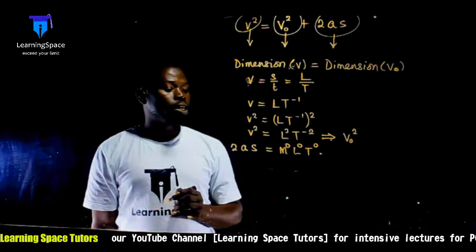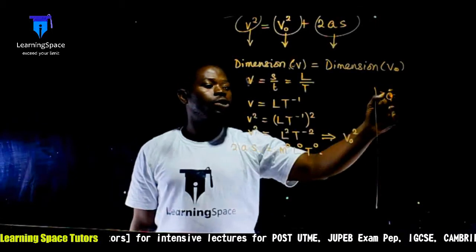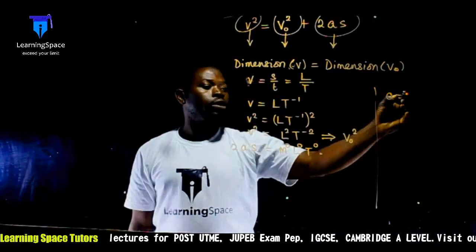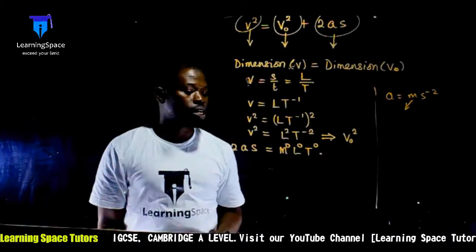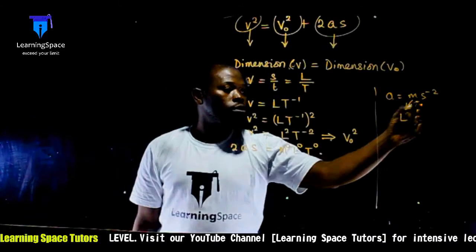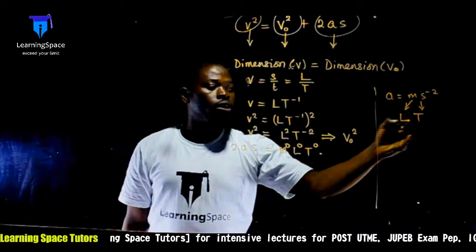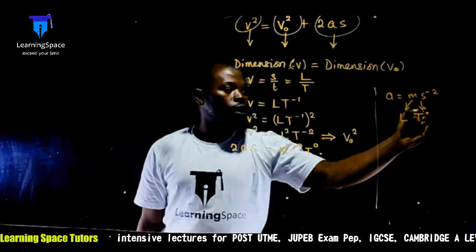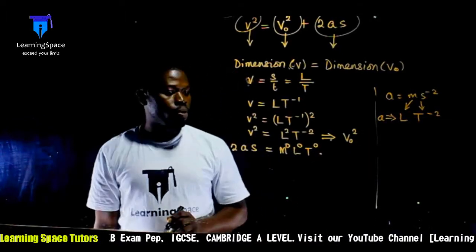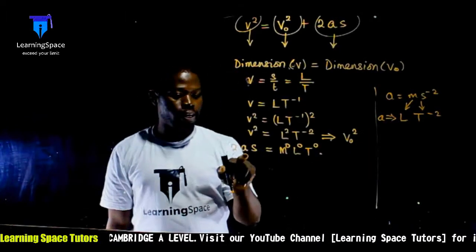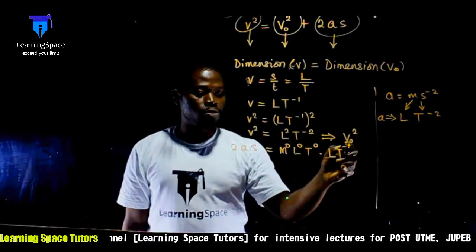Then the dimension for acceleration: we all know that acceleration is measured in meter per second square. Meter, which represents length, has dimension L. Seconds, which represents time, has dimension T, and it has a power of minus 2 here. So the dimension for acceleration is LT minus 2.